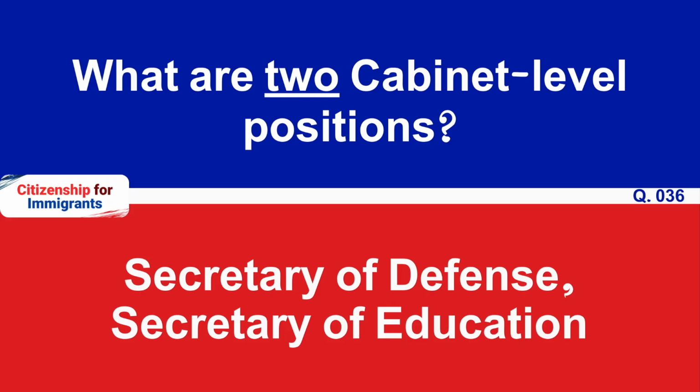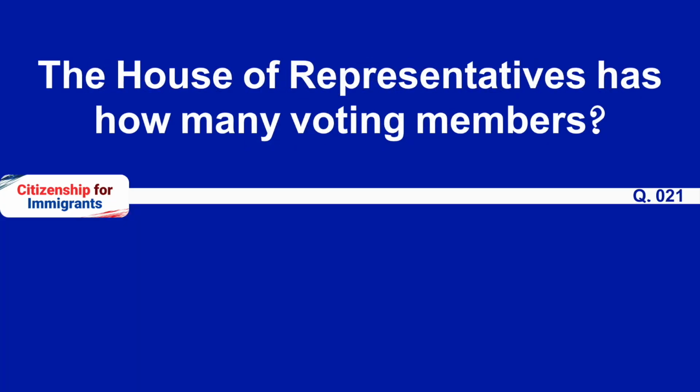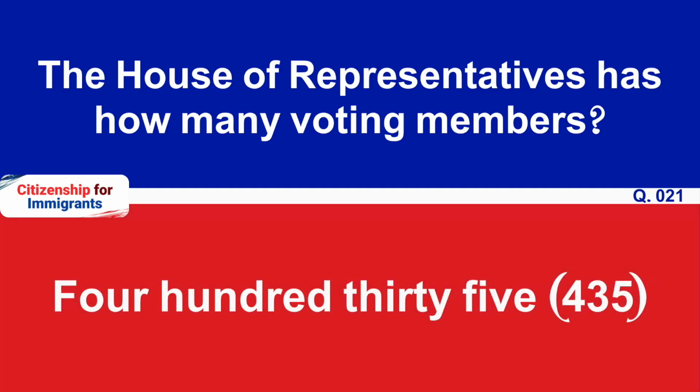Secretary of Defense. Secretary of Education. The House of Representatives has how many voting members? 435.